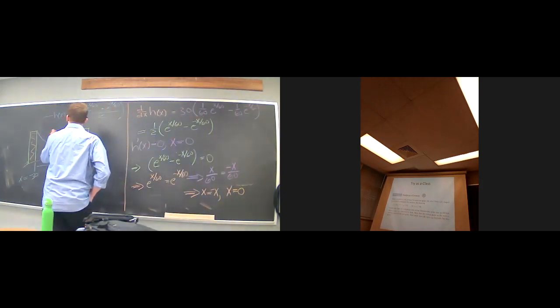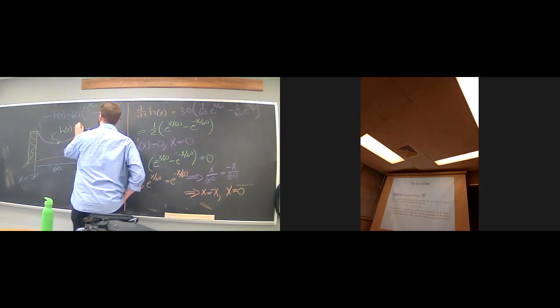So from here, we want to know how much the wire sags. What we're going to need to do is find out what h at 0 is, which I'm just going to go ahead and tell you is 60.